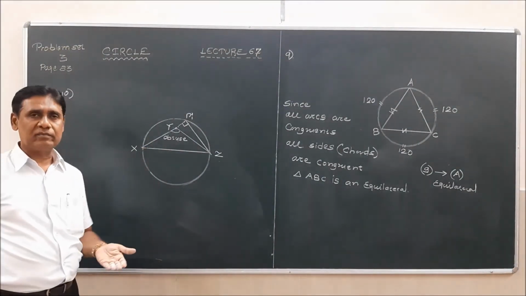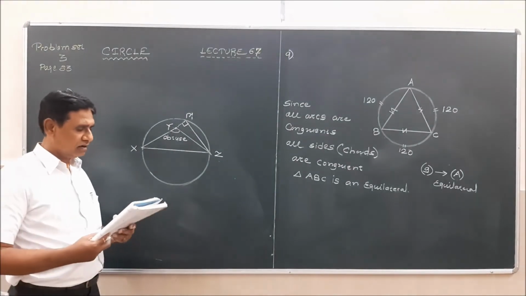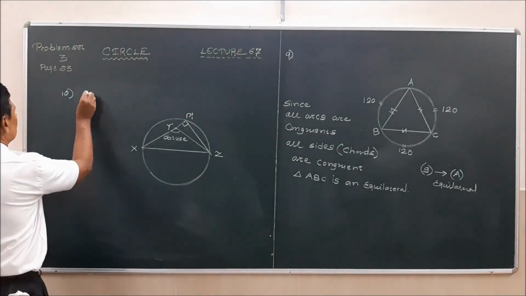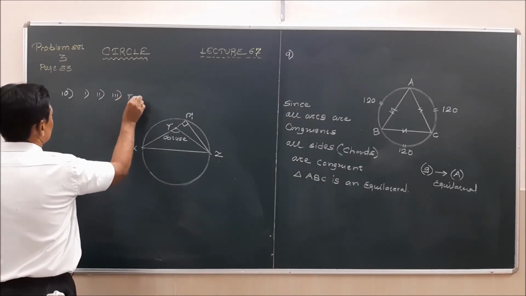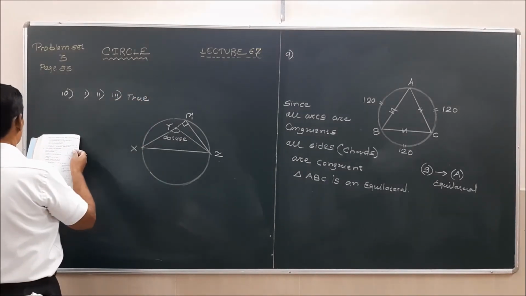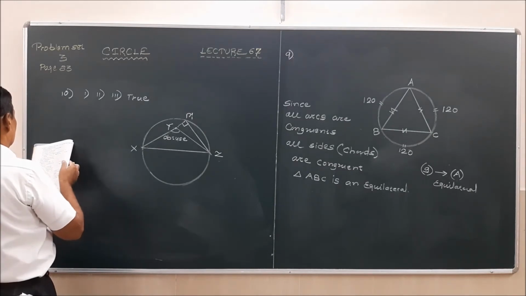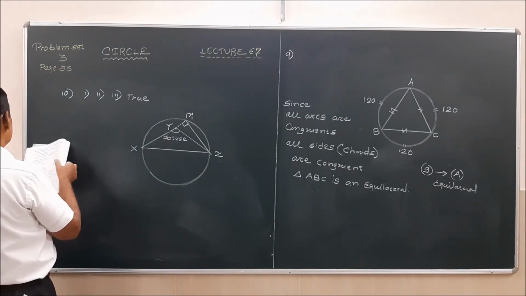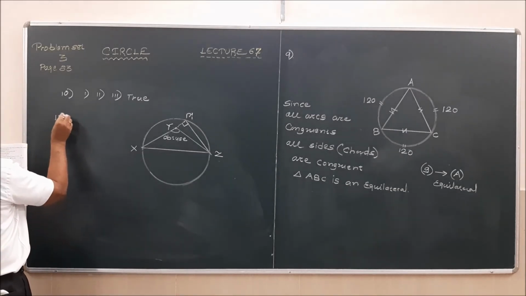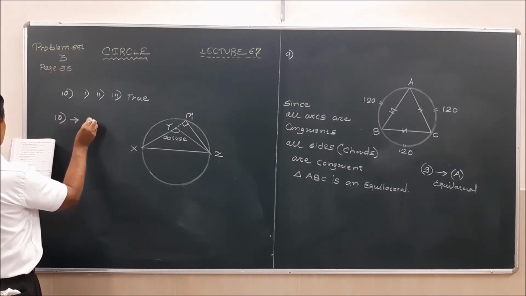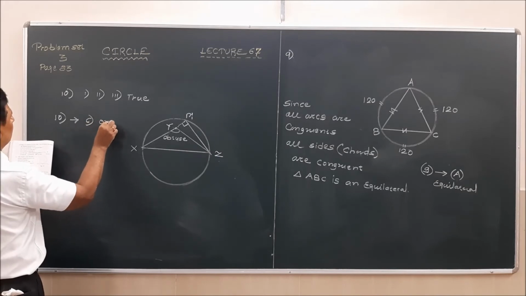So all three statements are true. 1, 2, 3 are true. The question asked is, how many of the following statements are true? So the option for 10 is C, only 3.